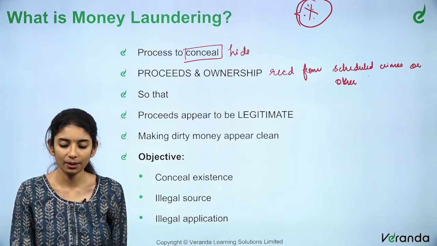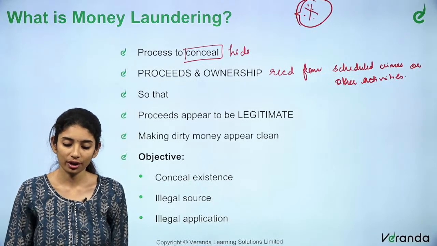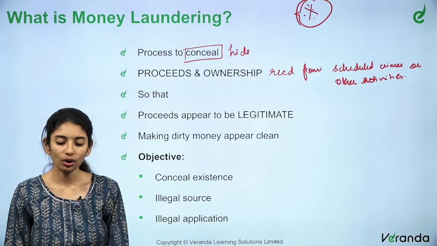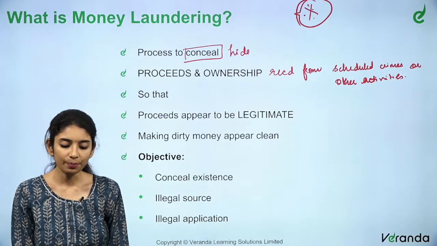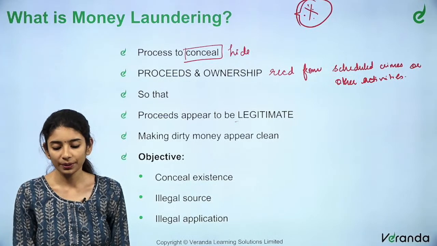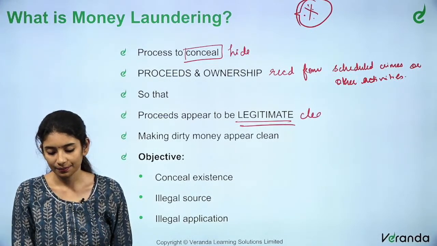Scheduled crimes such as rape or murder or other activities. Sale of drugs, pornography, all those scheduled crimes or other activities such as taking bribe. Okay. Proceeds and ownership so that proceeds appear to be legitimate, which means clean.